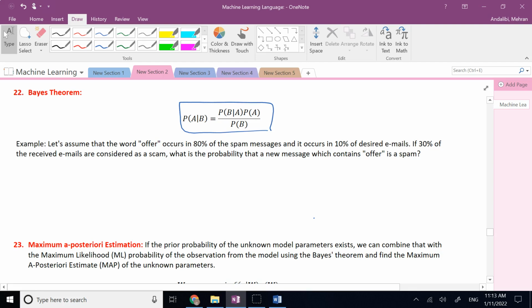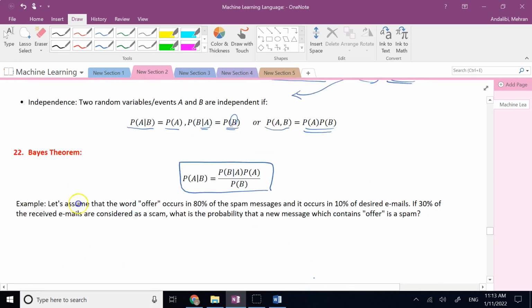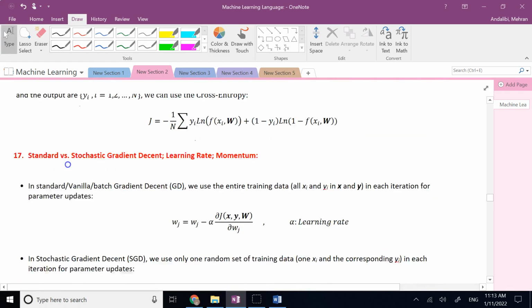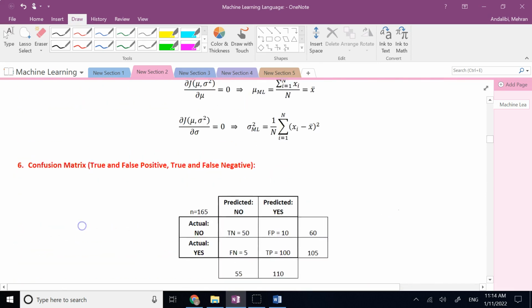Well, the importance comes from how you use this. One of the places where this comes in, and you'll see in the next topic, is called maximum a-posteriori estimation. Remember, in the past we had maximum likelihood estimation. That was one of the ways to estimate the model parameters.